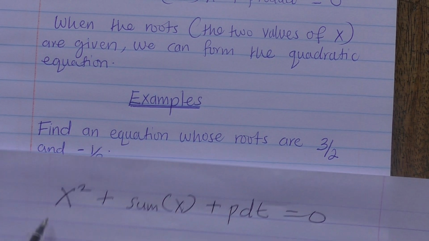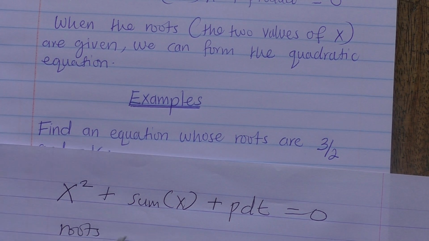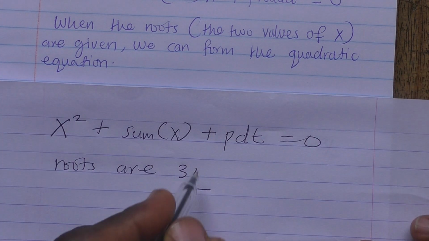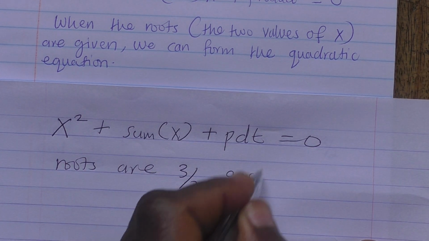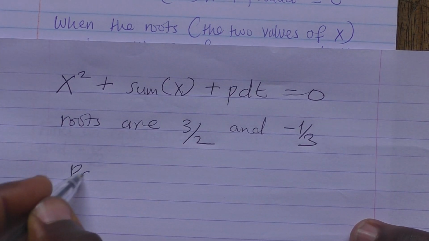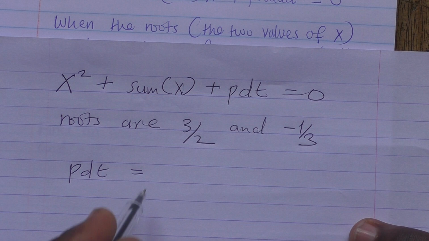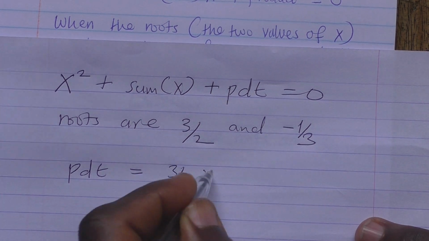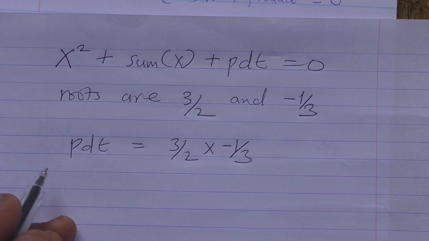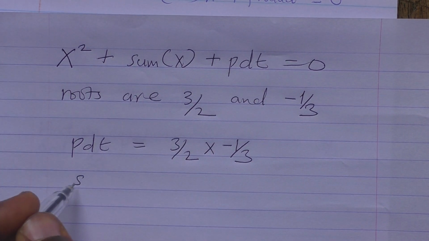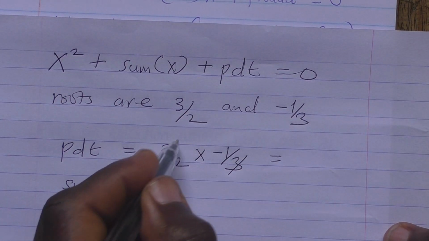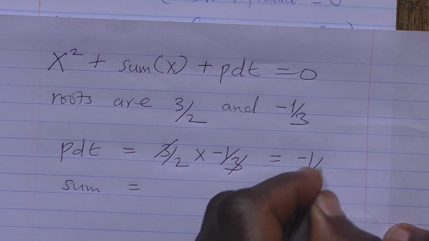And now we are considering our roots as 3 over 2 and negative 1 over 3. So we get the product. The product is given as 3 over 2 times negative 1 over 3. When we reduce, we get negative a half.